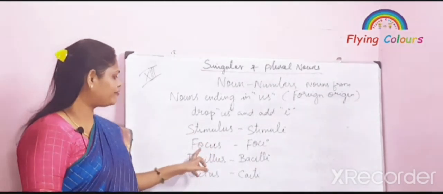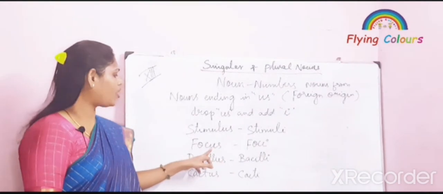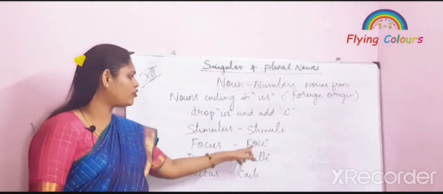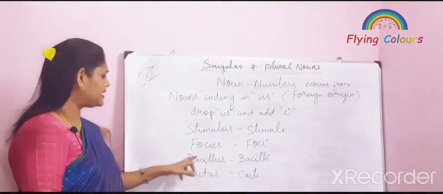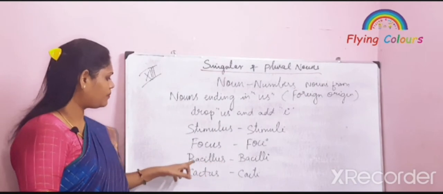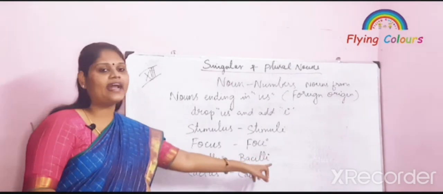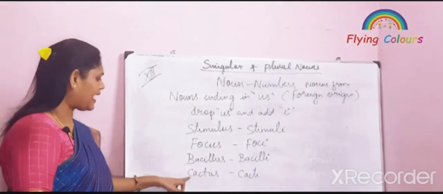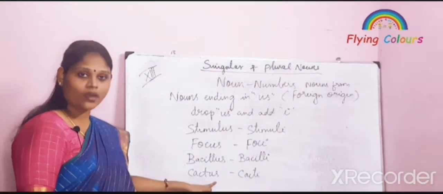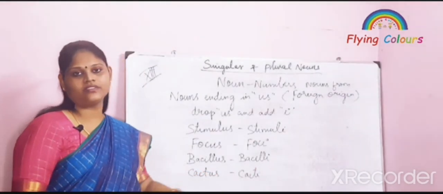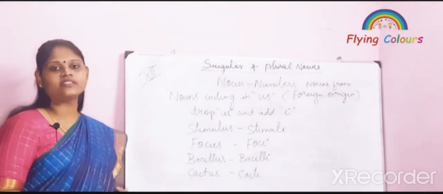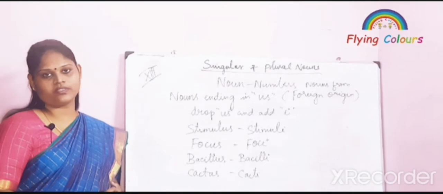Focus, F-O-C-U-S. So I should drop US and add I, foci. Bacillus. I am going to copy till double L, drop US and add I, bacilli. Cactus. Again I am going to drop US and add I, cacti. So these are all examples from foreign origin words.